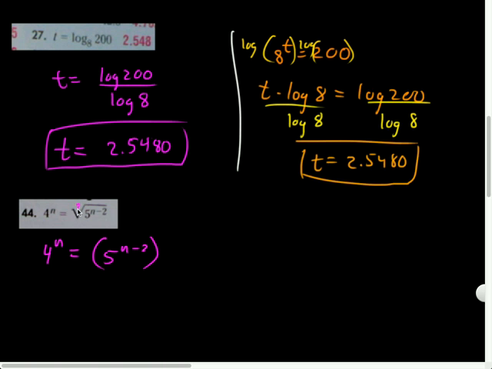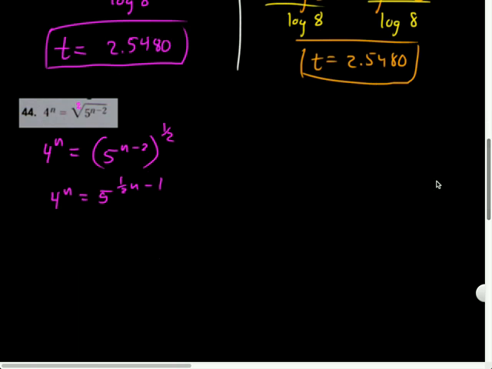This is an invisible 2 for the index of the radicand, the same as a 1/2 exponent, right? So this is the same as 4 to the n equals 5 to the 1/2 n minus half of 2, which is 1. And now I could log both sides.